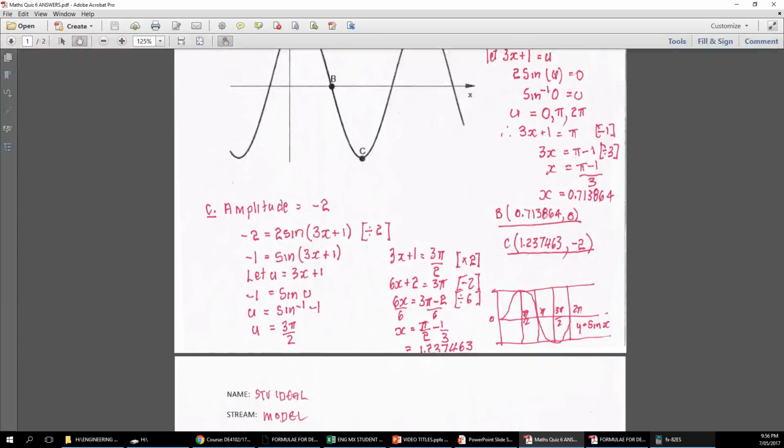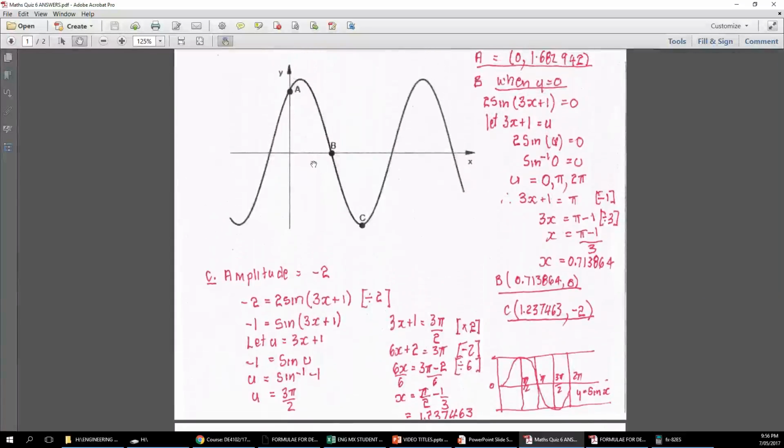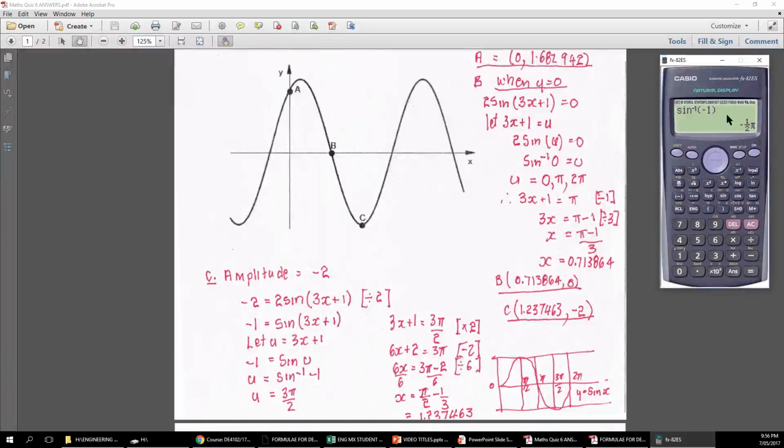I can try with my calculator. I could go shift sine to the -1, -1, close the brackets, equals, and I get -1/2 pi. That's the one back out here, -1/2 pi.